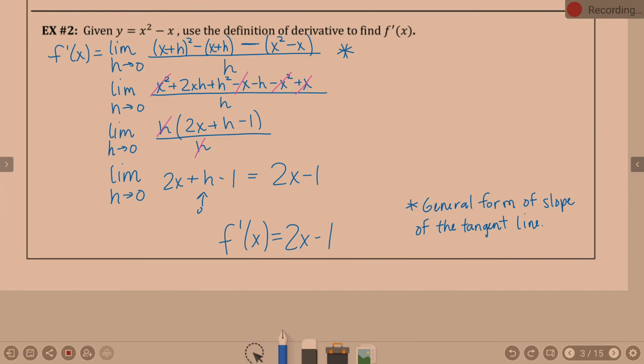Now, we can do this a long way, but there will be a short way eventually too. And that's what they are pushing you for. But the idea is to recognize, oh, this is f of x plus h minus f of x. So my original function is something squared minus something, so x squared minus x. That will be a skill you'll want to gather later, I guess I should say.